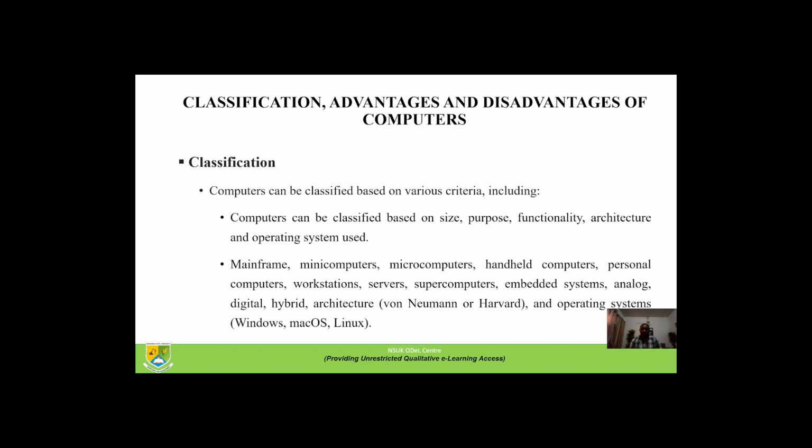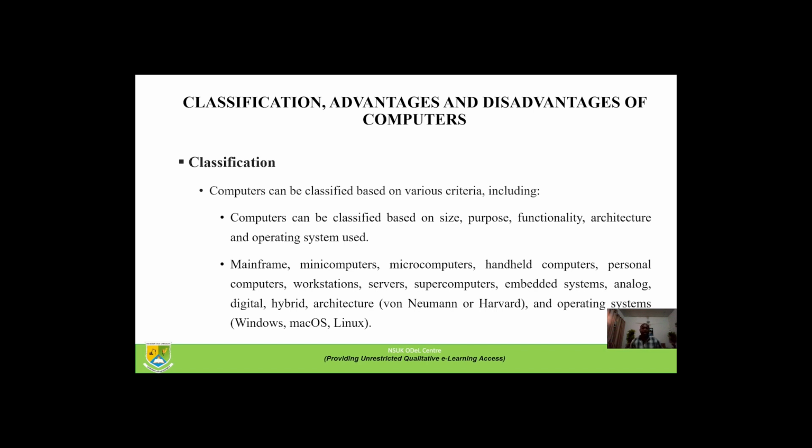And then in terms of purpose, we can have general purpose or specific purpose. Then in terms of functionality, they can take the form of analog computers, digital computers, or what is referred to as a hybrid.